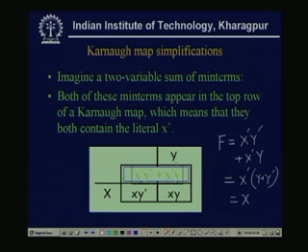In this way I can minimize that function. Okay, today we will finish here, and next day we will discuss how we can draw the Karnaugh map for a large number of variables.